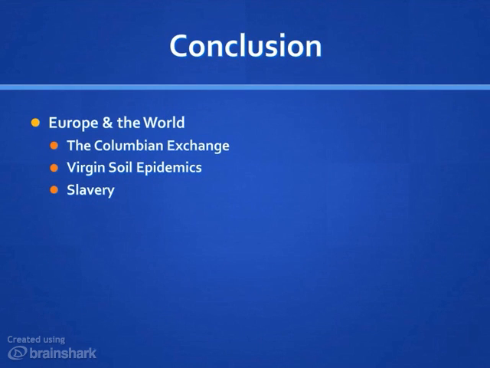The impact of Western civilization on the rest of the world was substantial. Some of that impact was unintentional. Europeans unknowingly spread diseases that killed tens of millions of native peoples. Other impacts continue to affect our world today. The Columbian Exchange introduced Western civilization to foods such as chocolate, vanilla, potatoes, tomatoes, just to name a few.